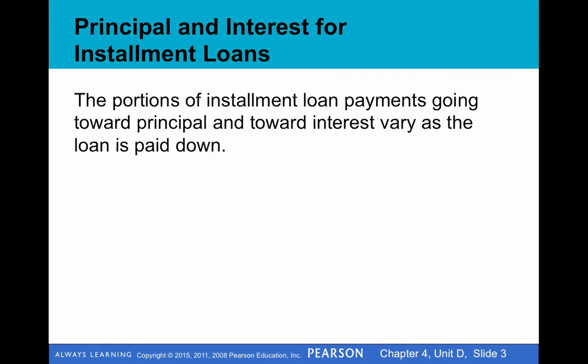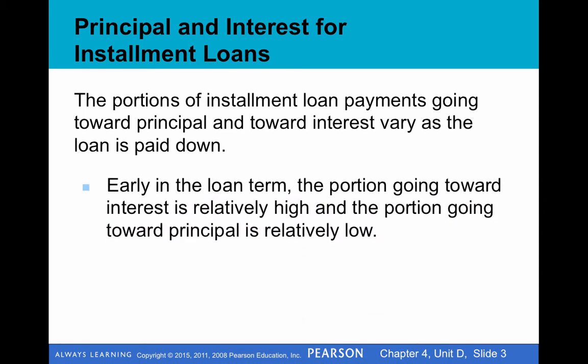Okay, so the portions of installment loans going towards the principal and towards the interest vary as the loan is paid down. The big thing that you're going to be asked early on in your homework is that early in the loan term, the portion going towards interest is relatively high because interest is a percentage of what you owe. And at the beginning of the loan, you owe the most, you owe what you borrowed.